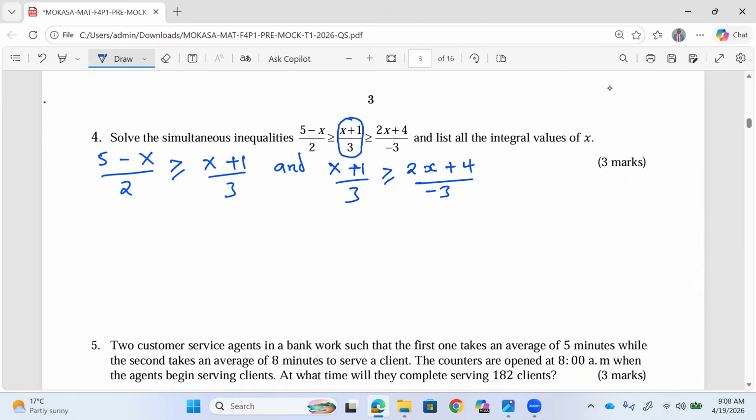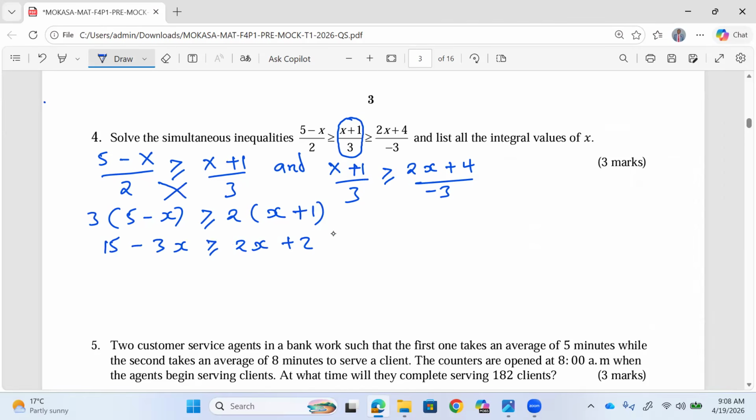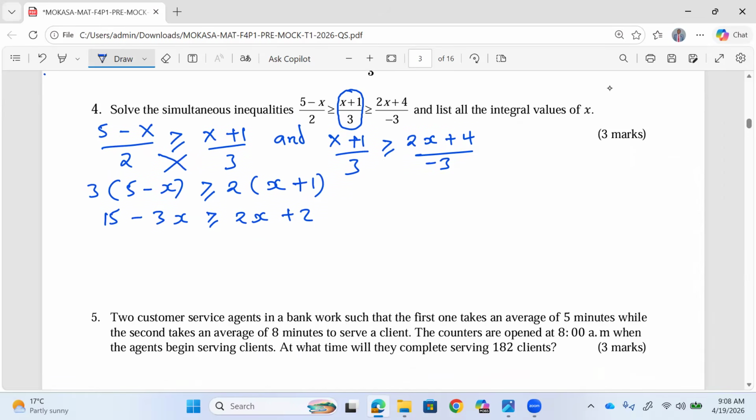From the first one, we can do a cross multiplication at this point, whereby 3 multiplies 5 minus x, and 2 multiplies x plus 1. When we open brackets, I hope we are together at that point. That is the opening of brackets. Now the grouping of terms together.